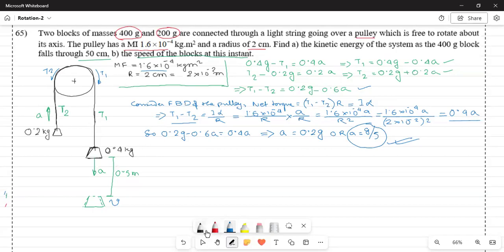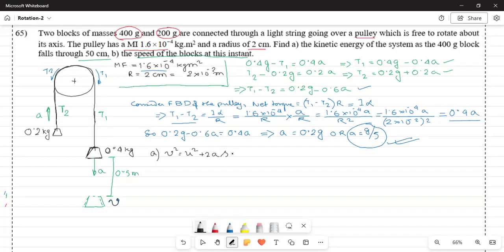Now we go to part A of the question. The velocity v, they want us to find out. The velocity v square is equal to u square plus 2ah. Let's write s, because it is not falling under gravity, it is falling by the rotation.